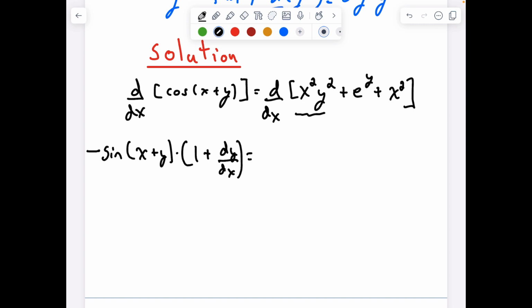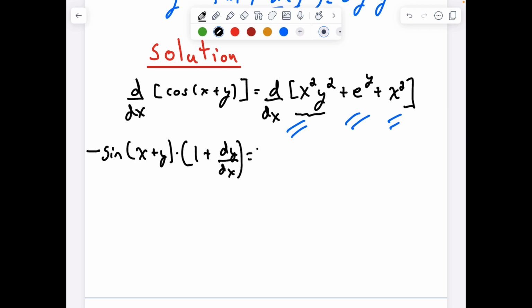So all the rules that you've learned so far apply here. I'm done with the left, so I'm going to work on the right, and I can break this up into the derivative of these three terms. Let's concentrate on the derivative of x squared y squared for a second. That would be a product rule.